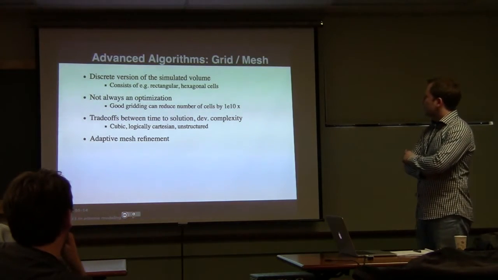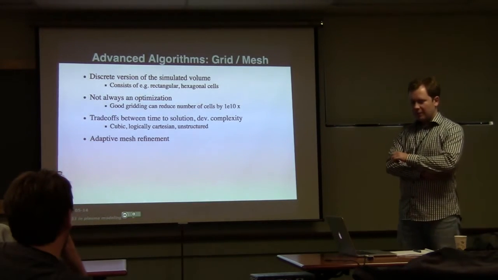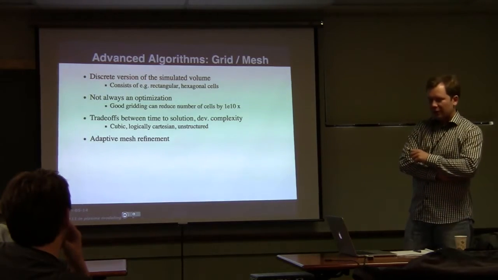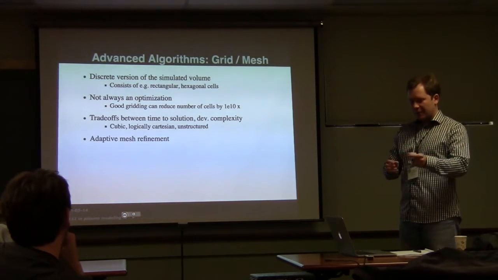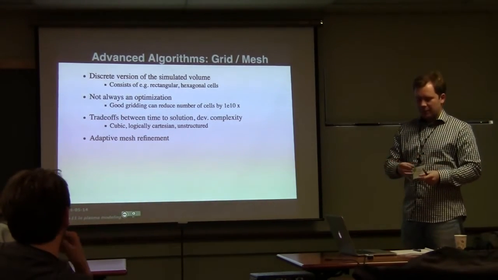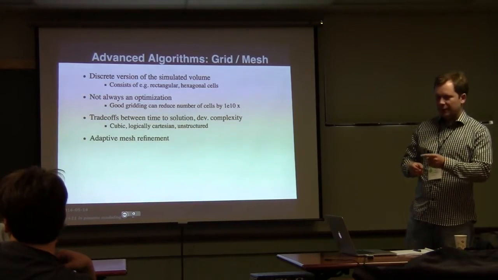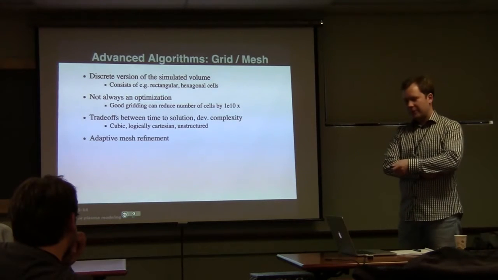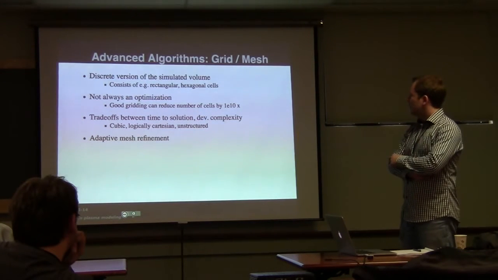So the first one I'll talk about is the discretization of the space or the volume. So you have some kind of a grid and then you approximate it with cells or vertices. Well, it's a graph basically anyway. So cells or vertices, edges, whatever.